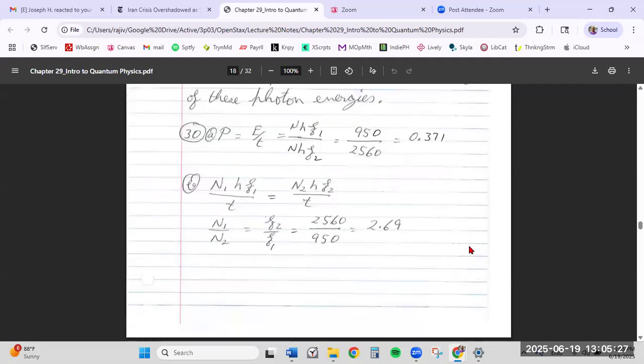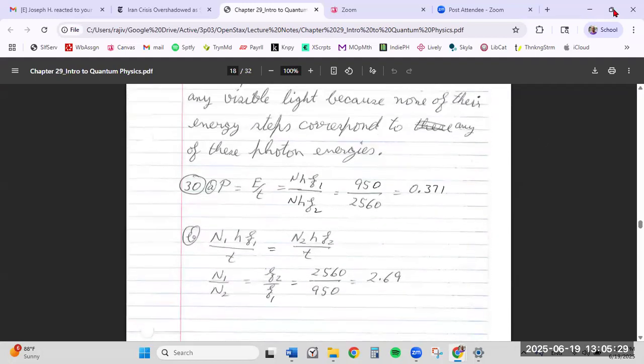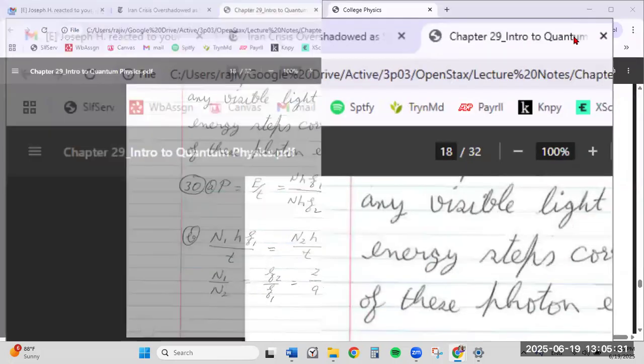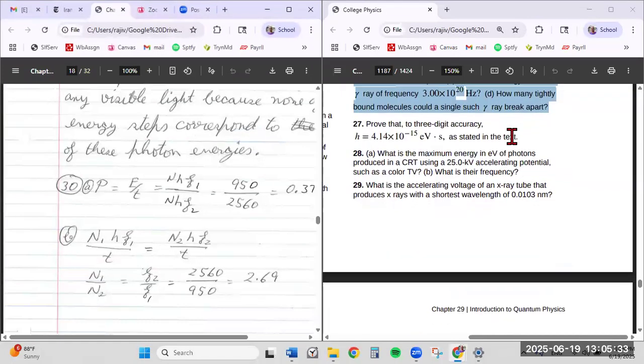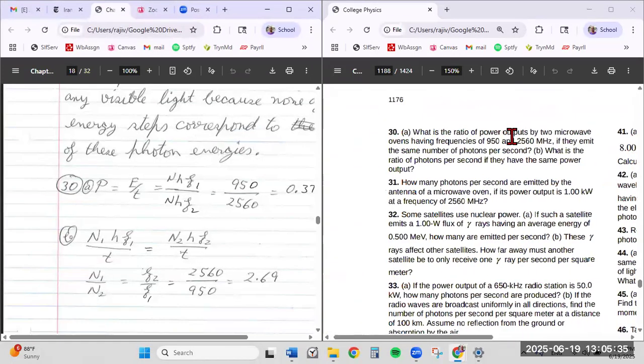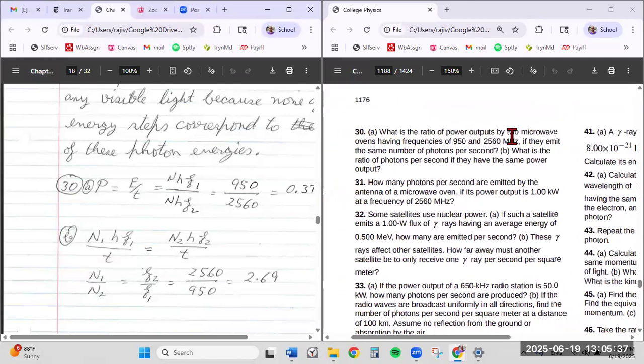Let's look at problem number 30. What is the ratio of power outputs by two microwave ovens having frequencies of 950 and 2560 megahertz?